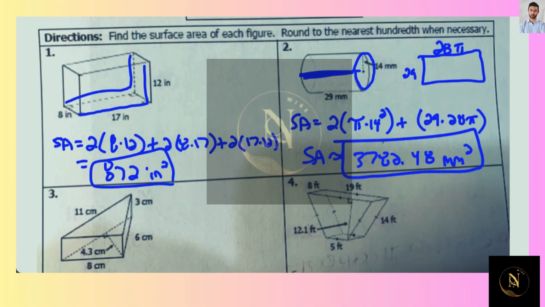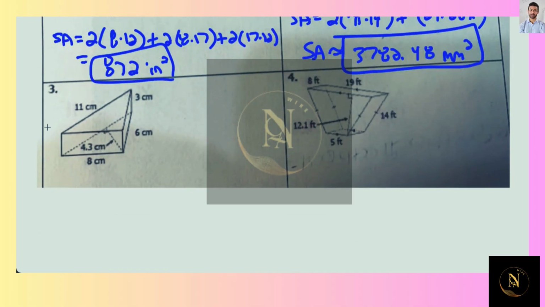Okay, onto the triangular prism. We've got two triangles. The area of each triangle is 1/2 times its base, which is 11, and its height, which would be 4.3.